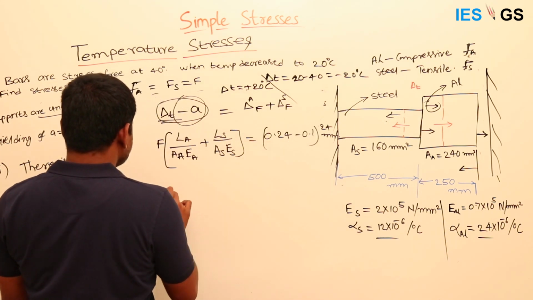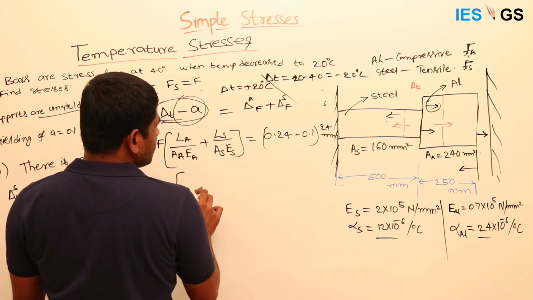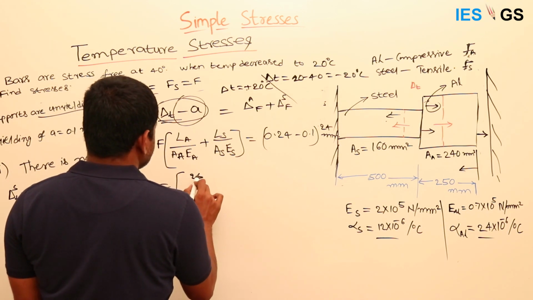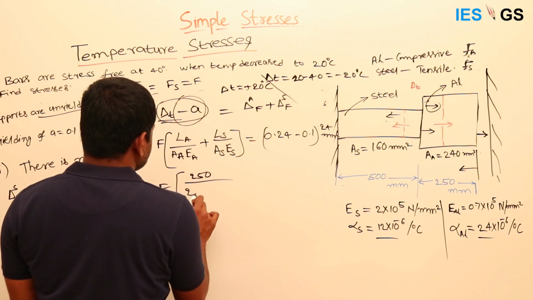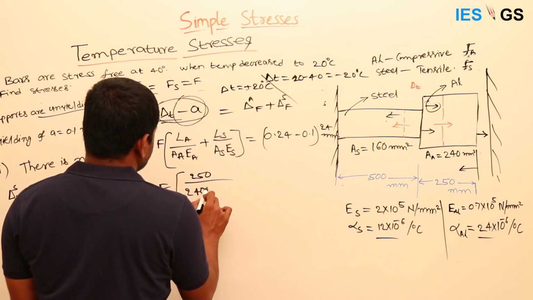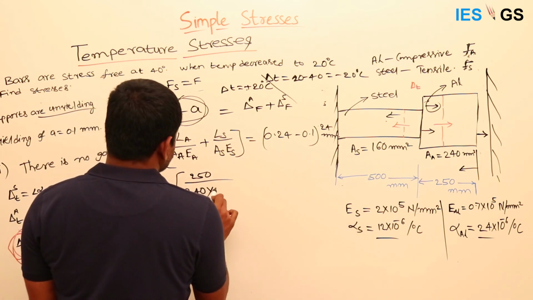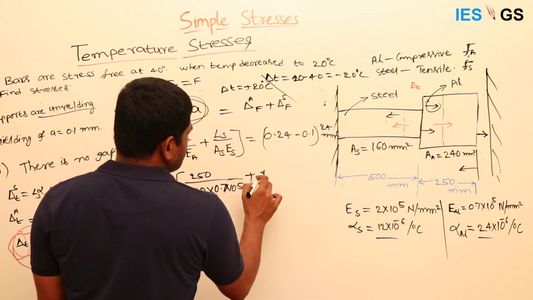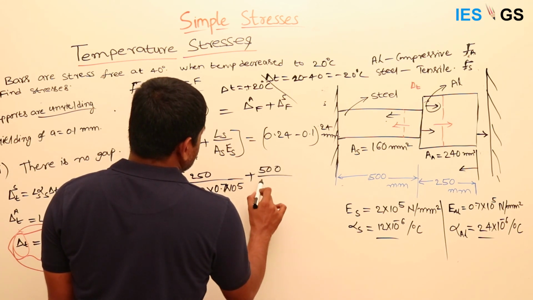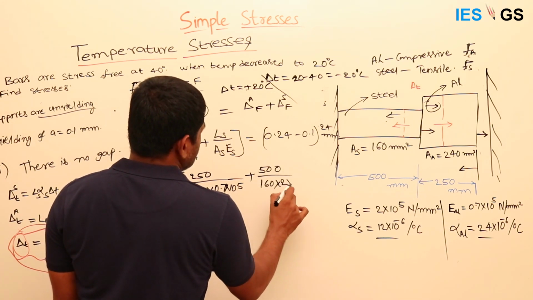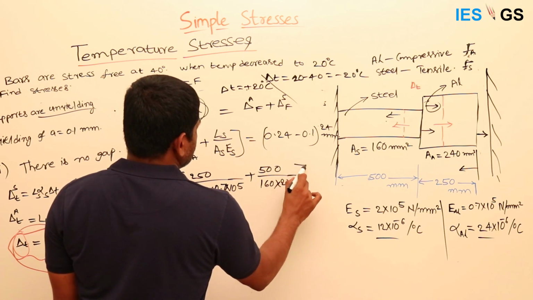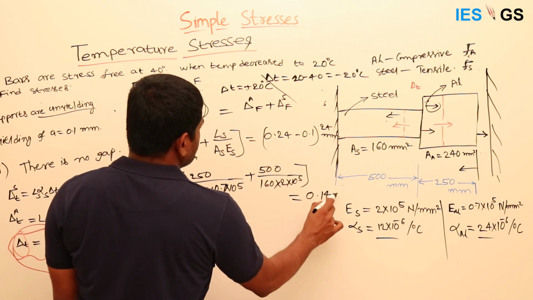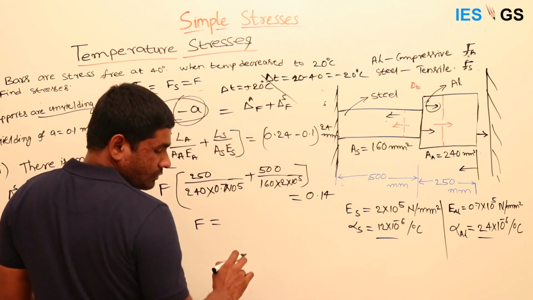If I substitute the values, F into L A, which is 250, divided by area 240 into E A, 0.7 into 10 power 5, plus L S, 500, divided by 160 into 2 into 10 power 5, equal to how much? This is 0.14.